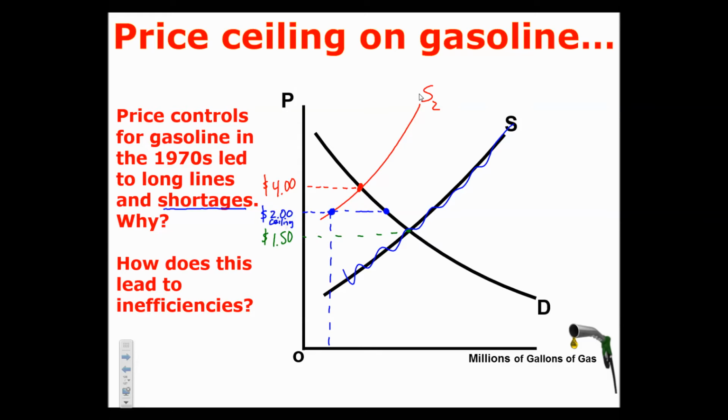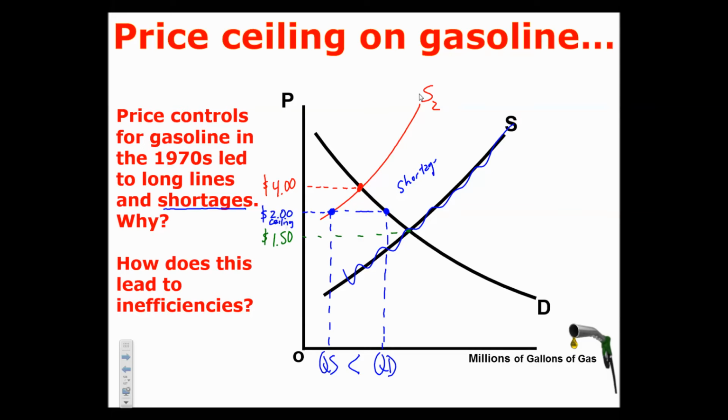So the quantity that producers are willing and able to sell becomes our QS, and the amount demanded at the $2 price is our quantity demanded, which is greater. Therefore, this policy led to shortages.